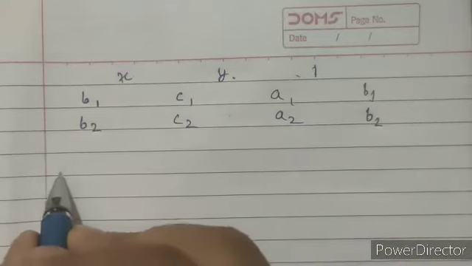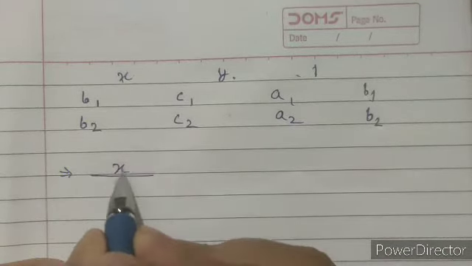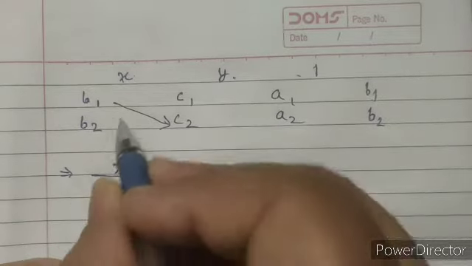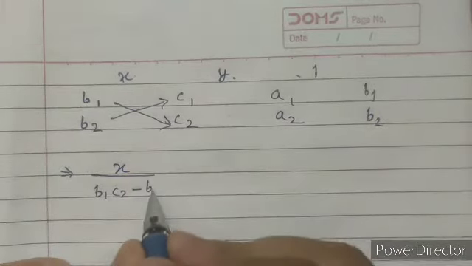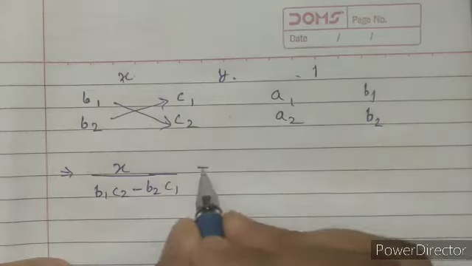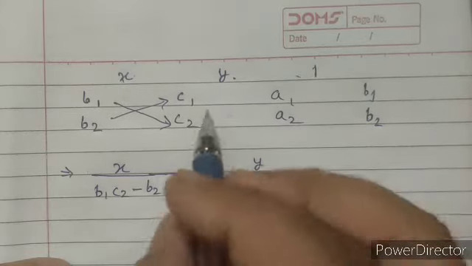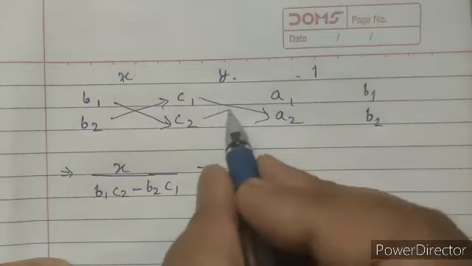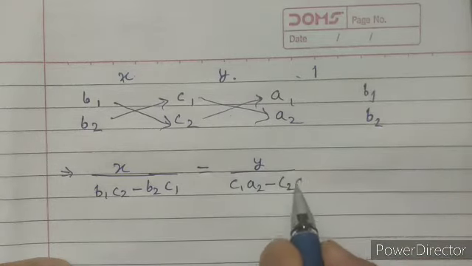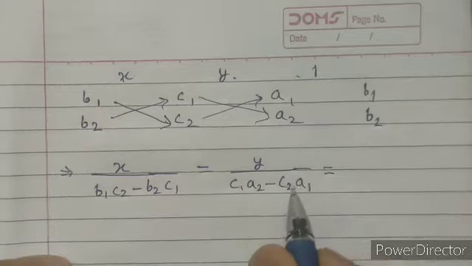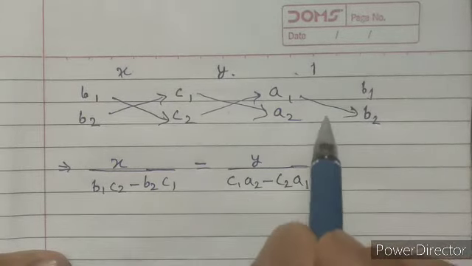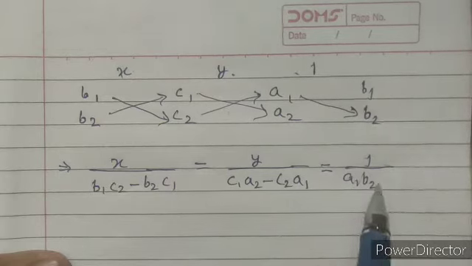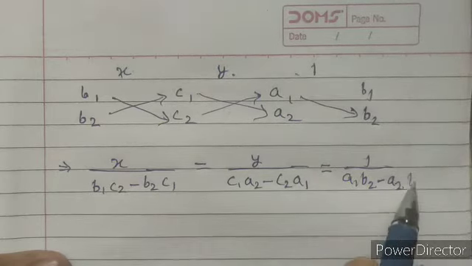Now this will give us x upon b1 c2 minus b2 c1, that will be y upon c1 a2 minus c2 a1, that equal to, last, will be 1 upon a1 b2 minus a2 b1.